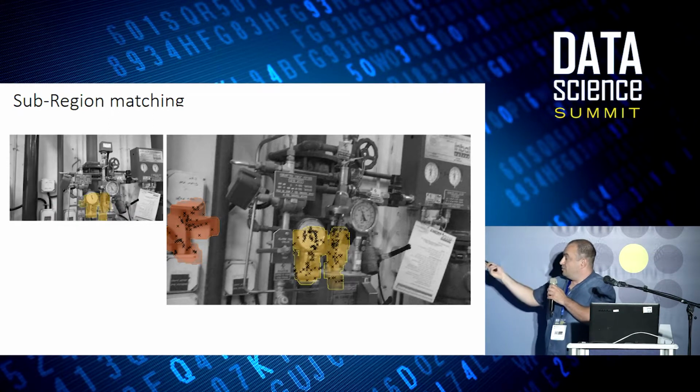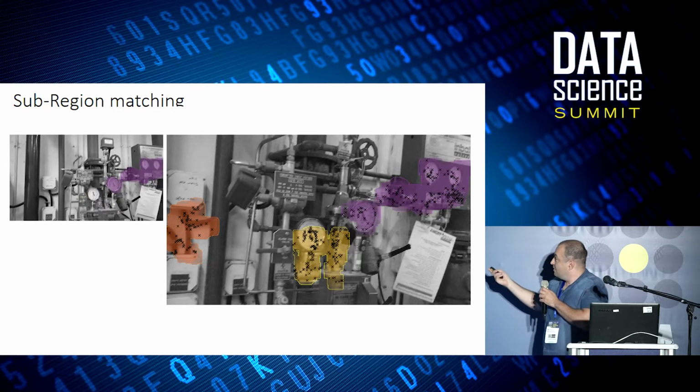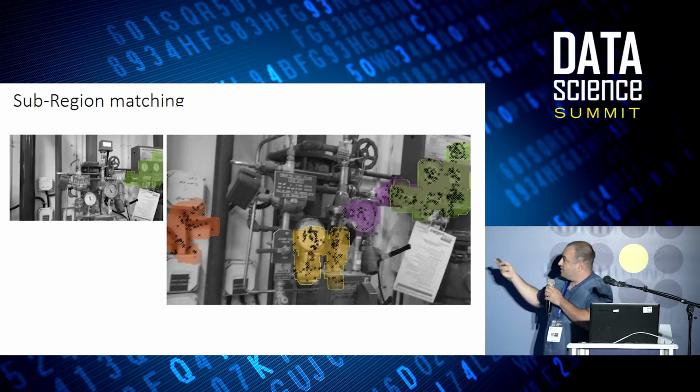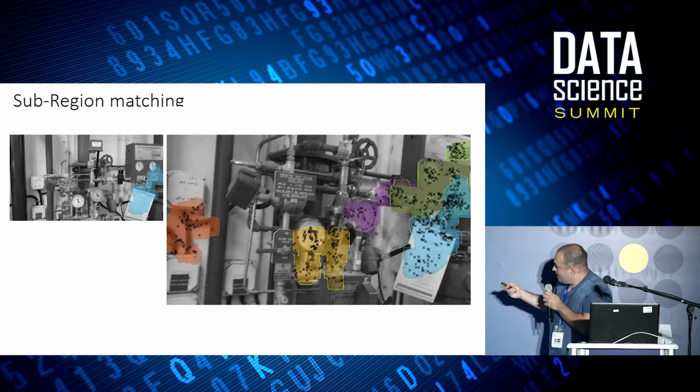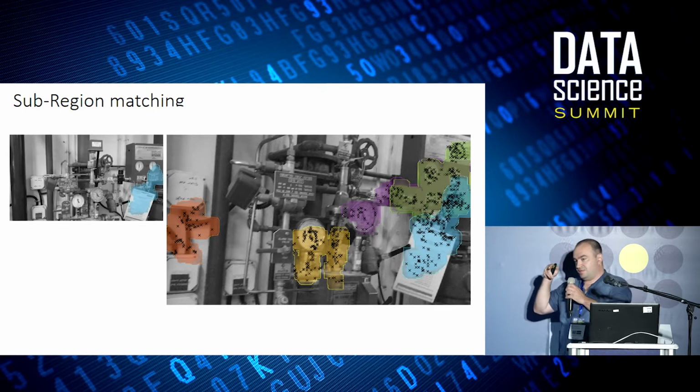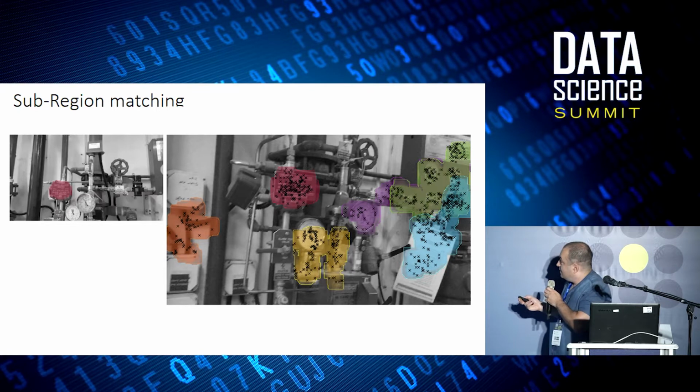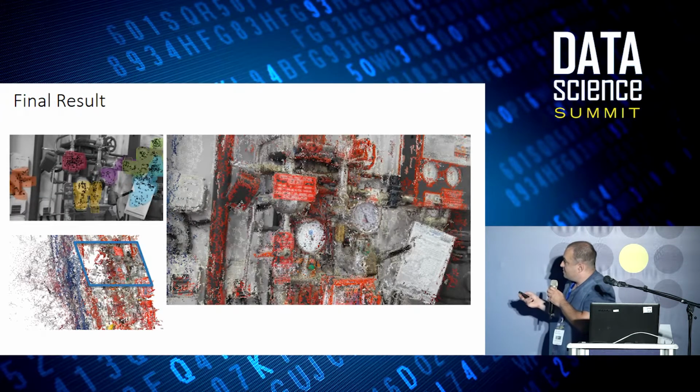Then we have the second hypothesis and the third. And you see each such hypothesis brings us new matches for the point cloud. And it's much more stable than just trying to match every point individually, because here it's a much larger support. After we have all those matches, it's pretty straightforward to compute the PnP and have the pose and map it.